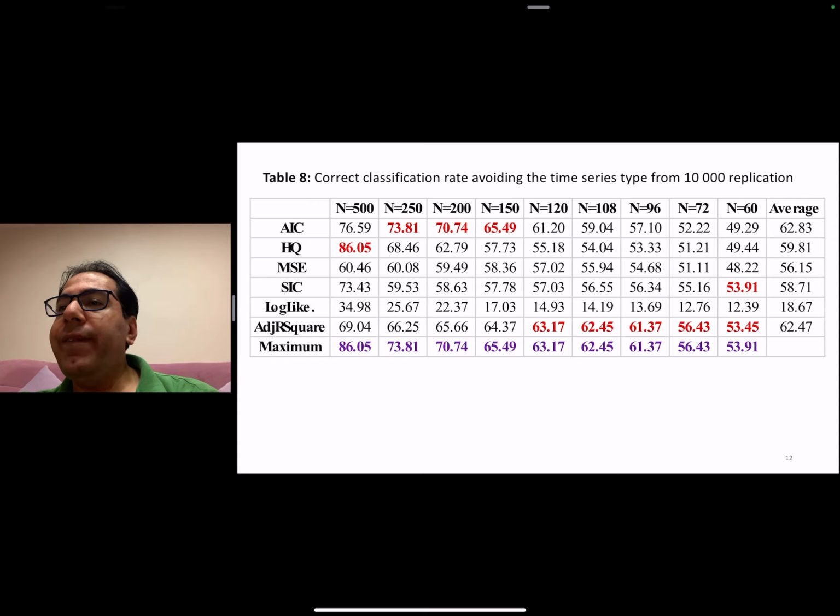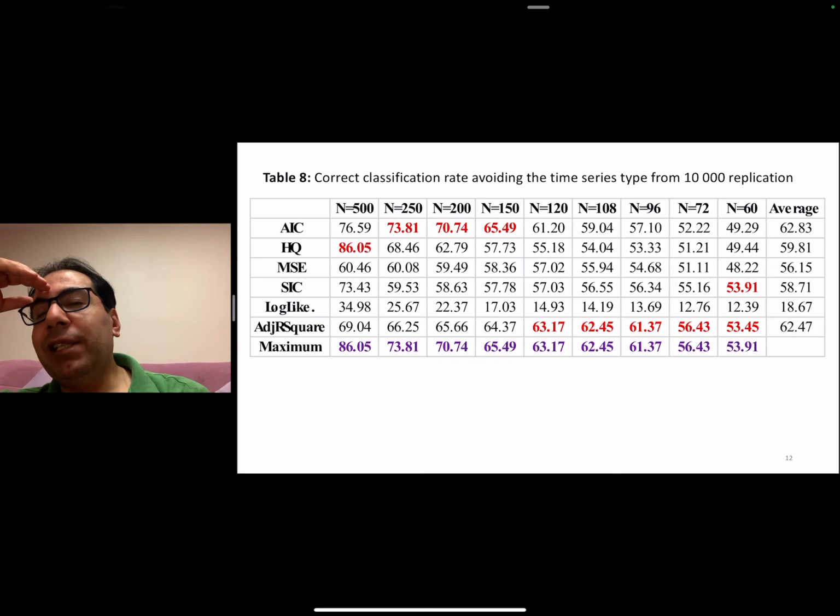And I also have another table. The difference between this one and the previous one is that now I am avoiding the model. I considered 17 different models, ignoring the 17 different models this time, and taking the sample size into consideration. I can say that on average, the Akaike information criterion is very good in classification for sample sizes between 150 and 250.